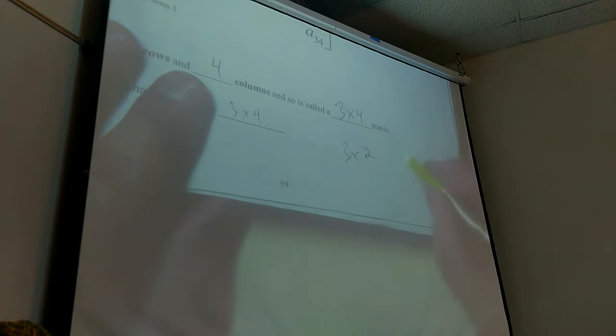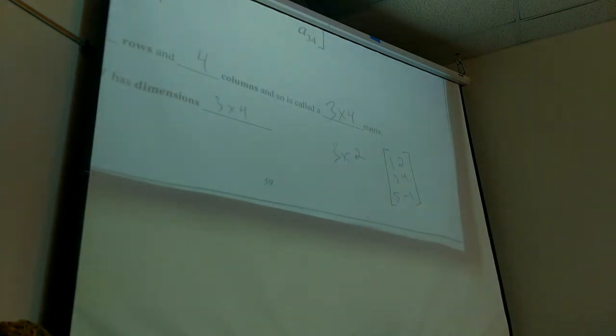All right, so what's it got to have? How many rows does it have to have? 3 rows and 2 columns. So it could be 1, 2, 3, 4, 5, -1. Whatever. It's going to have some numbers in there.